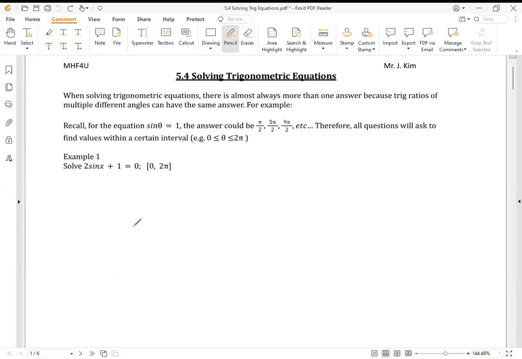So forget trig. If I just said in this lesson, solve equations, try to think back to past lessons. What does that mean? Solve this polynomial. Find the value of x that makes that true. Exactly.